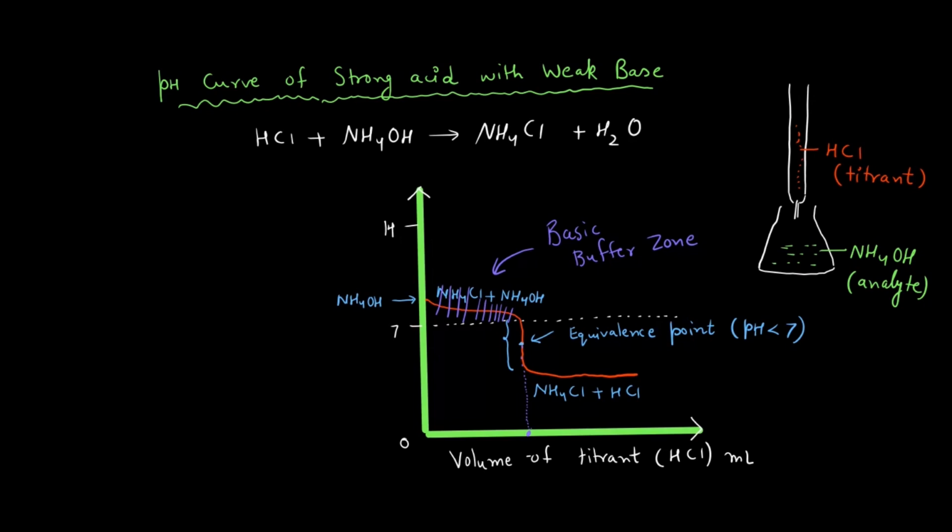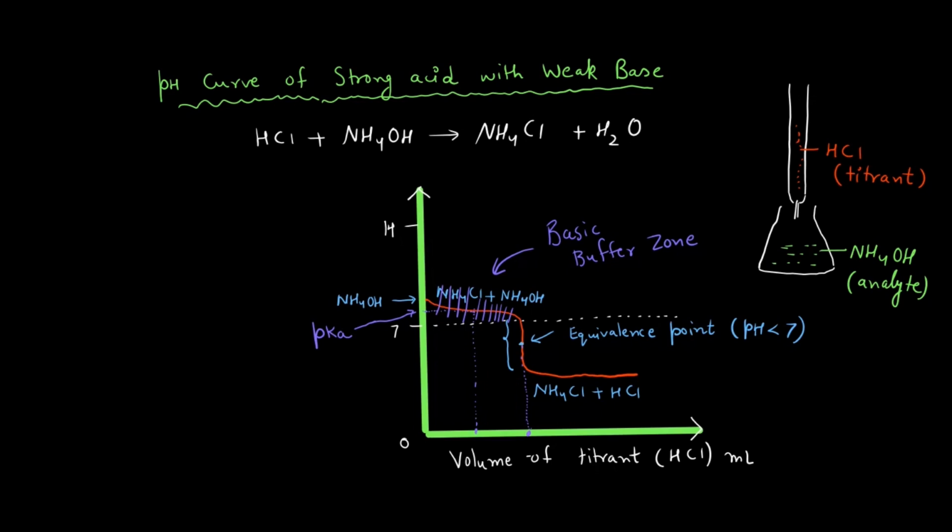Now if we take half this volume and make a line parallel to the y-axis and intersect it with the titration curve, the corresponding pH will give us the pKa of ammonium hydroxide.